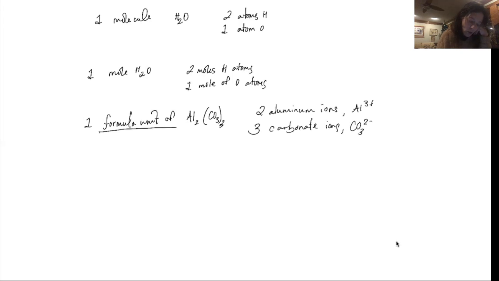Within this, we would have 1 carbon atom and 3 oxygen atoms, right? Because that is a molecule that's sharing its electrons, so it's composed of atoms. It doesn't have charged particles, right? Then we know that the atoms are made up of protons, neutrons, electrons, right? But we're not going to go there.